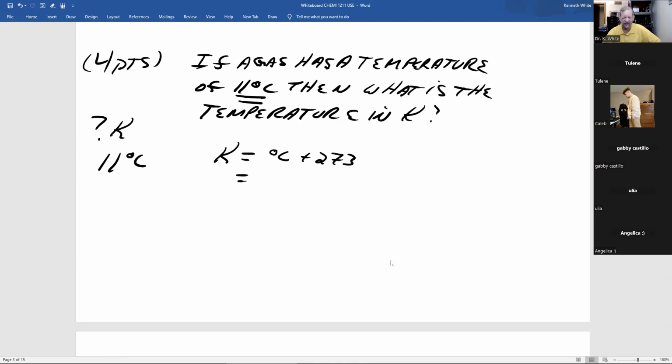And if I put in 11 here, and now I'll take my calculator. No, I can do this in my head. Hopefully I get it right. And this is the answer you get. That's how you do it.